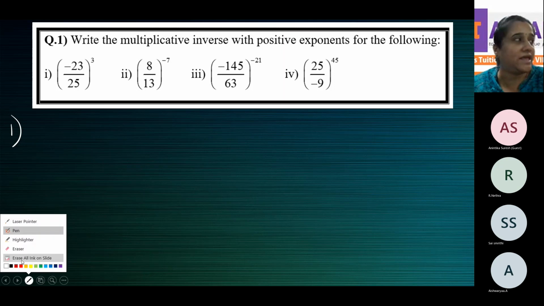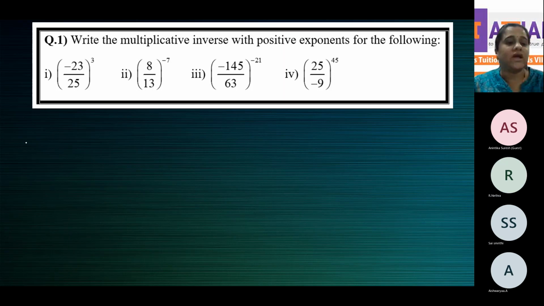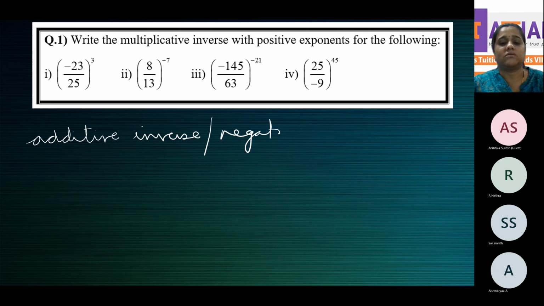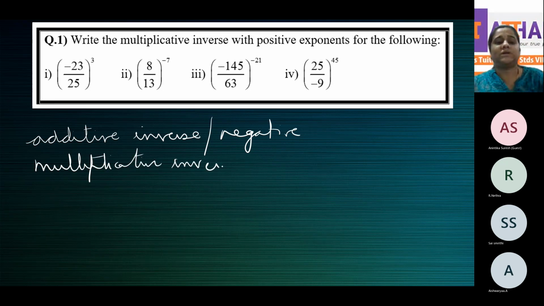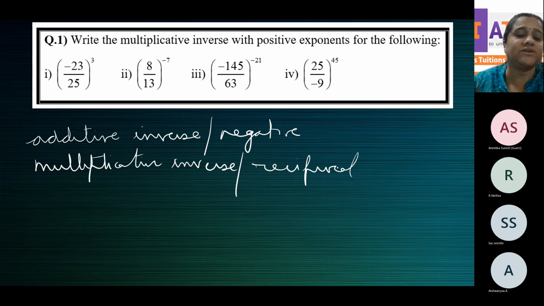What is the other term for the negative of a number? Additive inverse. Additive inverse means the negative of a number. Multiplicative inverse means the reciprocal of a rational number. Additive inverse is negative. Multiplicative inverse is reciprocal.